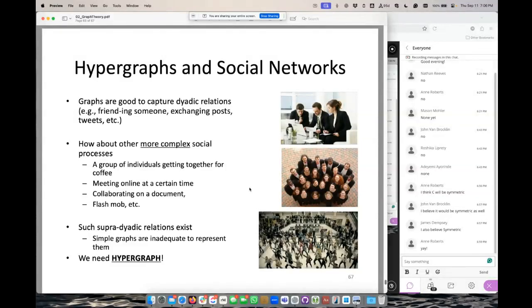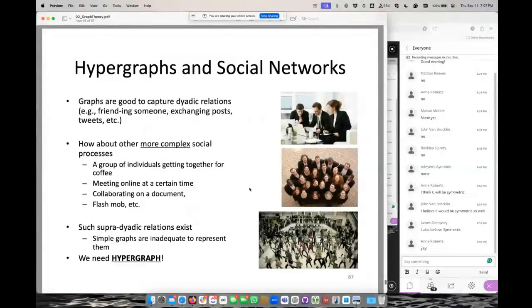So you can think in terms of, let's say you're doing a group project. How would a single edge connect a group of four or five or even three individuals, right? The best way you can do that is by creating three edges between three individuals, but it will still govern only pairwise relationships: A with B, B with C, C with A. But if all three are working together, then you cannot have a regular graph representing that relationship between three individuals, right?